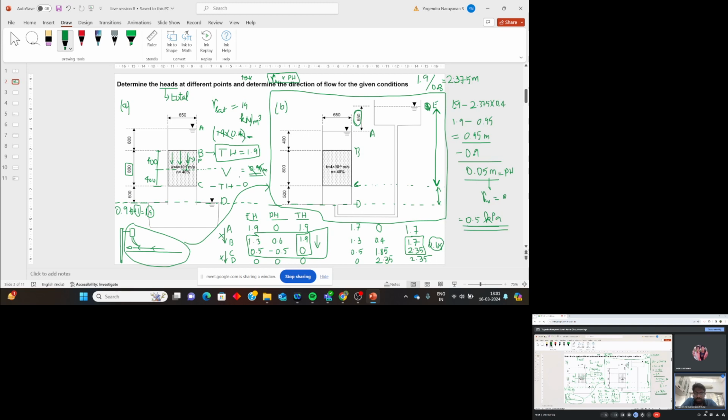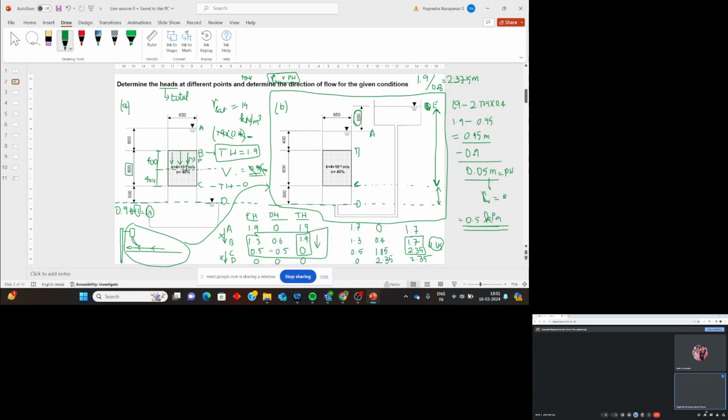So what will be the head loss per meter? You have to divide 1.9 by this length. This is i, the hydraulic gradient.